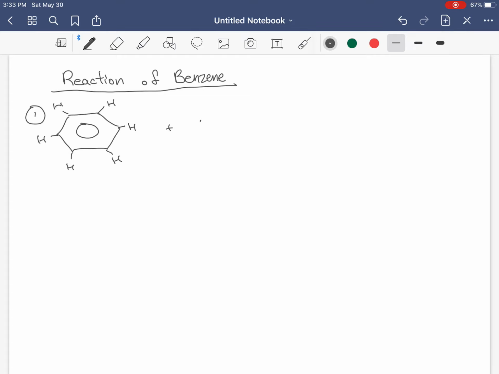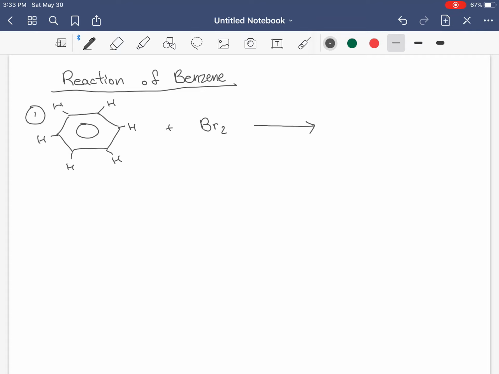If I react this with a halogen, like bromine gas, what am I going to get? I can tell you, you're going to get nothing. Why are you going to get nothing? It's because you need to have the proper catalyst for you to get something.